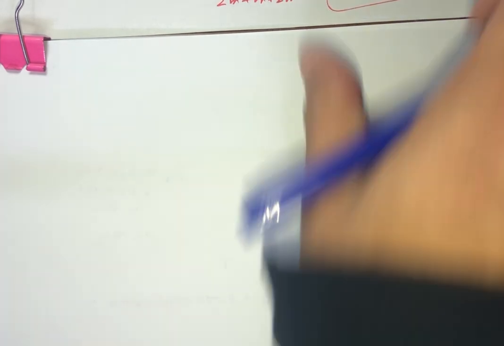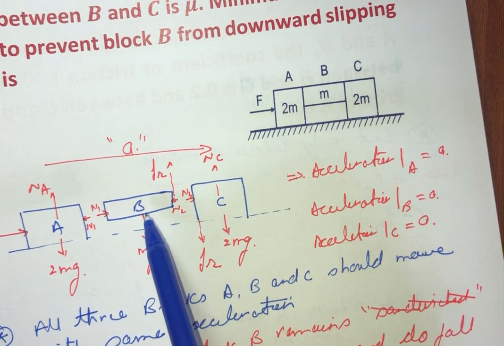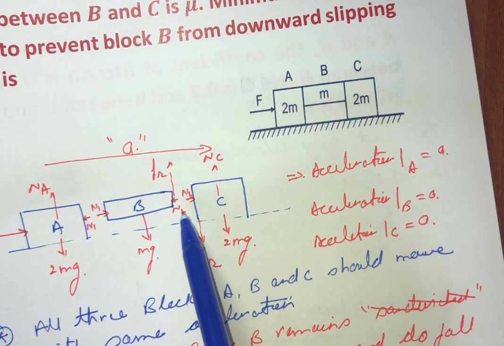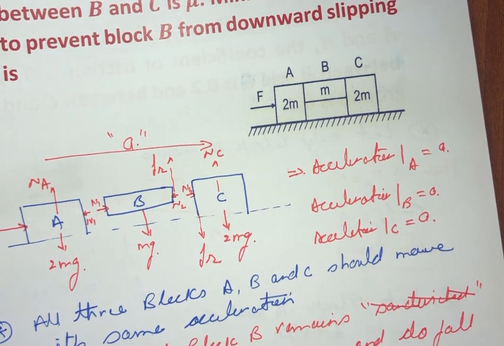Now, because the frictional force is only between B and C, we are interested in finding the normal between B and C, and respectively the value of the friction Fr.